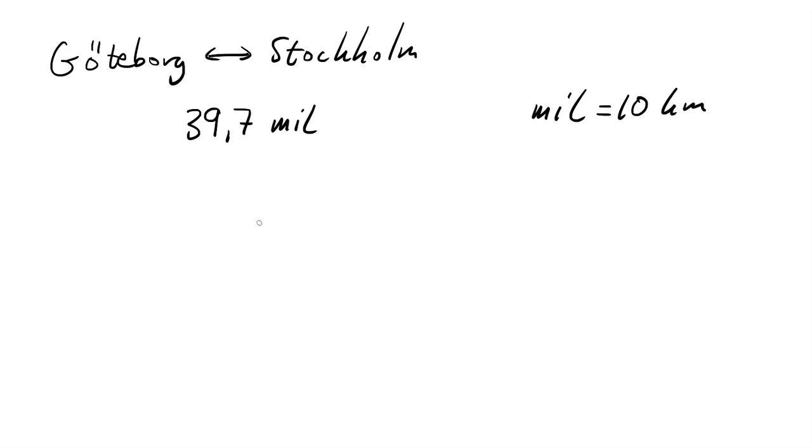It's not miles, not English or American miles. So if you have 39.7 mil and want to round it off to whole mil, then 39.7 is closer to 40, so you should round it off to 40 if you want an integer answer.